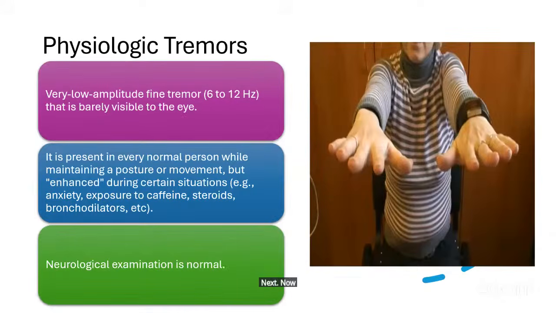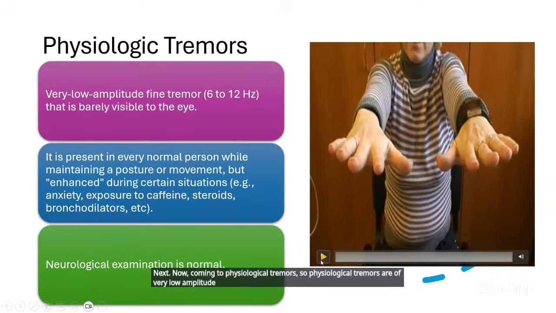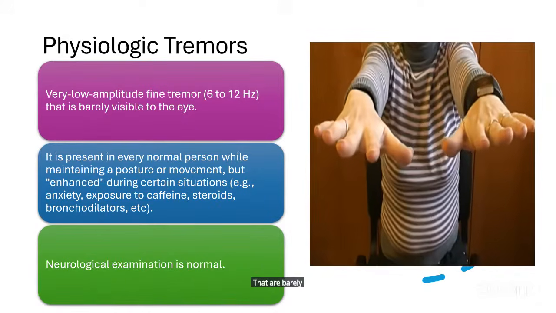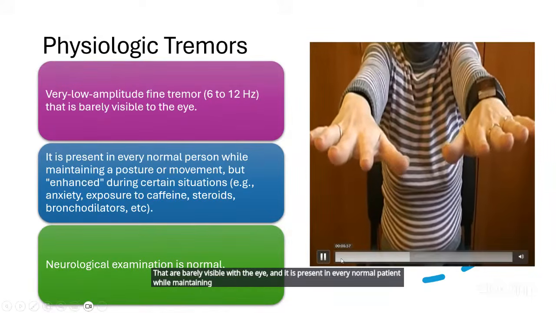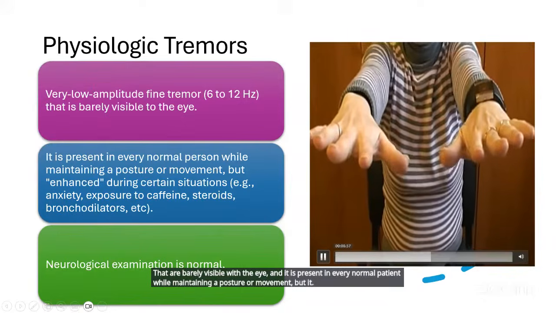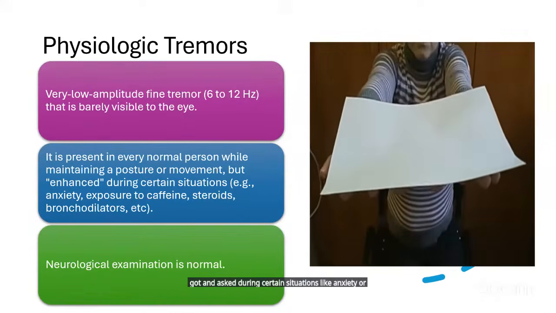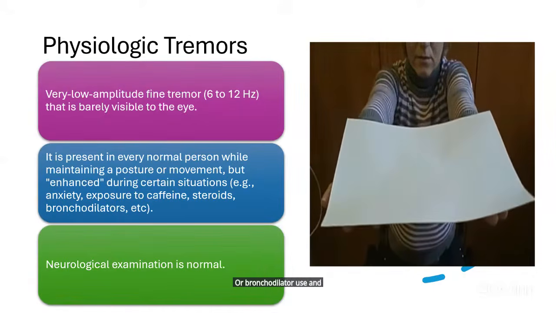Now coming to physiological tremors. Physiological tremors are very low amplitude, fine tremors, 6 to 12 hertz, that are barely visible to the eye, and are present in every normal person while maintaining a posture or movement, but they get enhanced during certain situations like anxiety, exposure to tea or caffeine, or bronchodilator use, and neurological examination is normal.